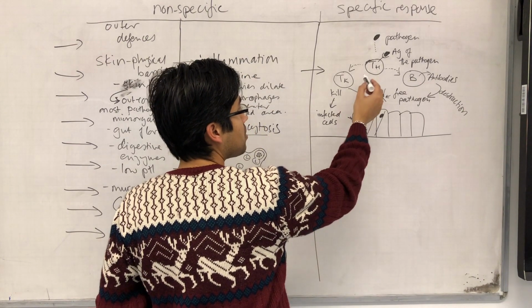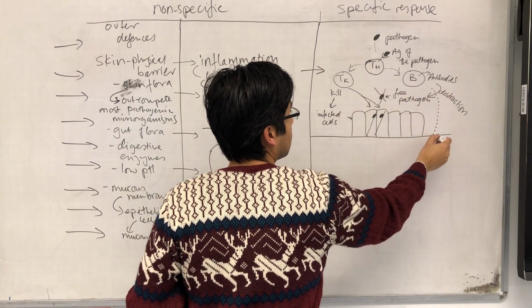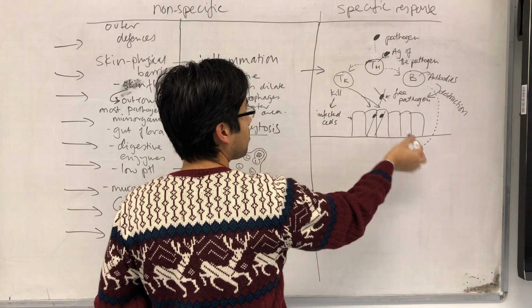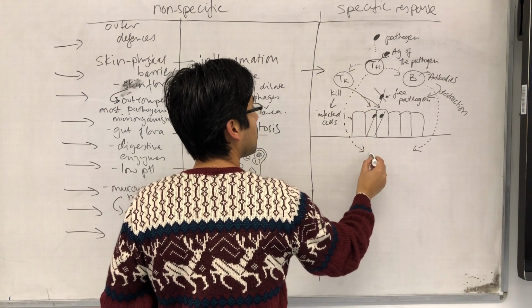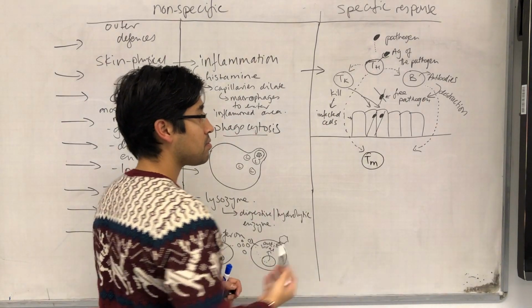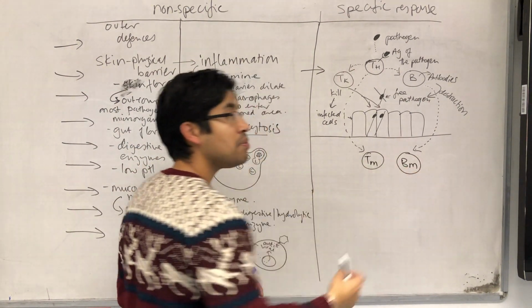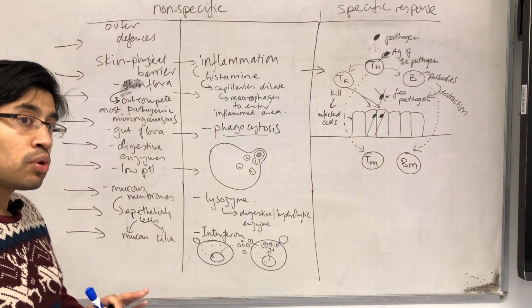But there's also another thing that happens. The activation of the B cells and the T helper cells produces T memory cells and B memory cells.